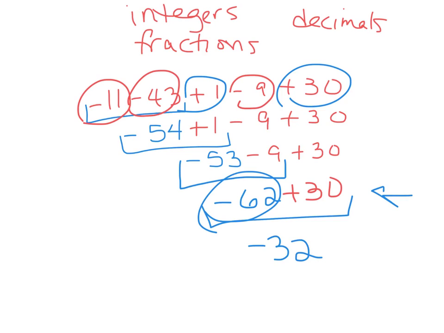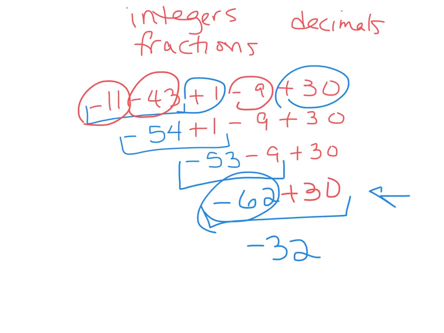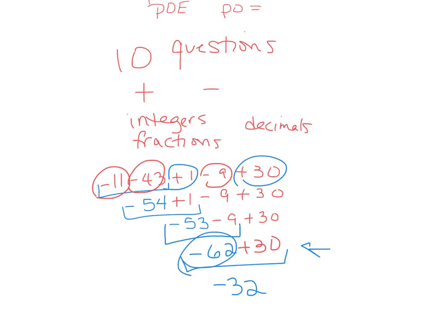So a 20 question test. Again, 4 combining like terms with either multiplication or addition, 6 property questions, and then 10 adding and subtracting questions. And again, it's going to be fractions, decimals, and integers, and it's going to be more than just 2 numbers.